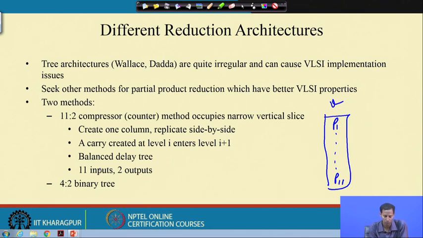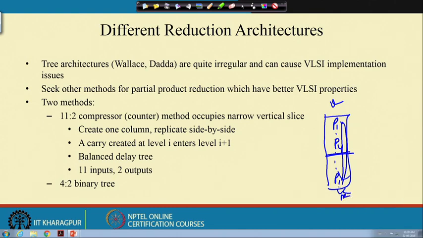At that time I can use the 11:2 compressor to add these terms. The same thing, if I use a 4:2 compressor, will be only P1 to P4. That will also produce 2 outputs, one is the sum and another one is the carry, produced through the 11:2 compressor or 4:2 compressor.